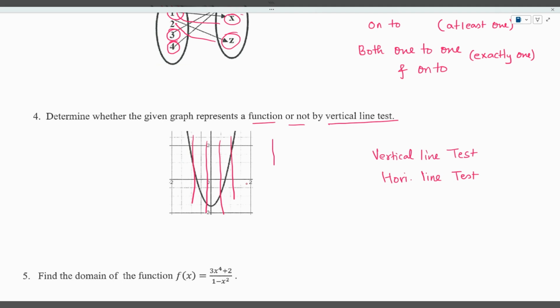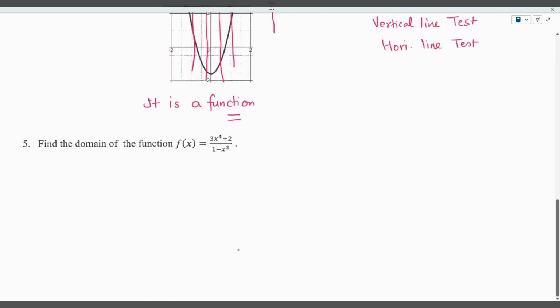You can see that whatever vertical line you draw, you cannot intersect this graph more than once. So by the vertical line test, it is a function. Since all lines can intersect the graph at most once, it is a function. Let us go to the next problem.